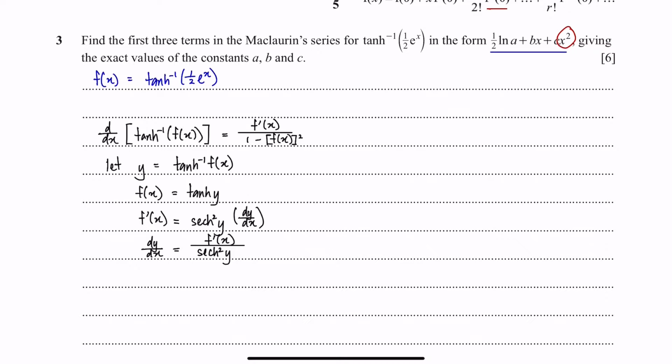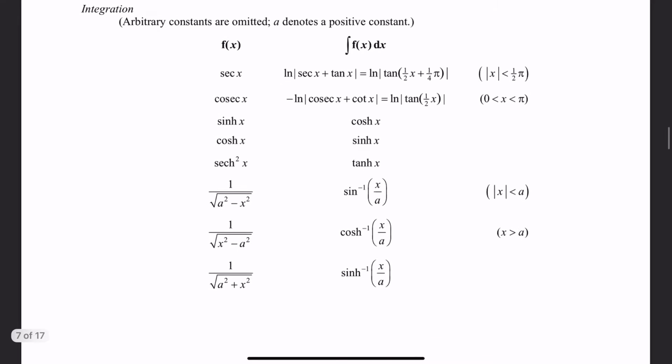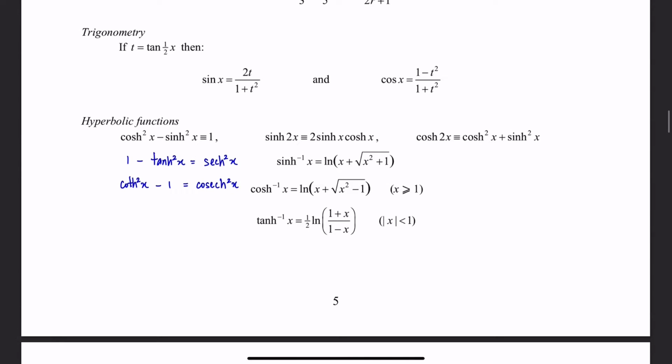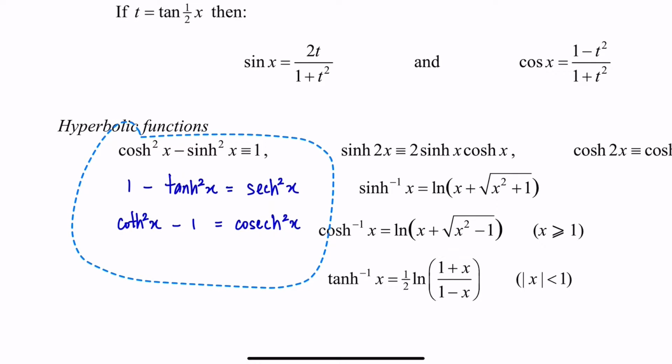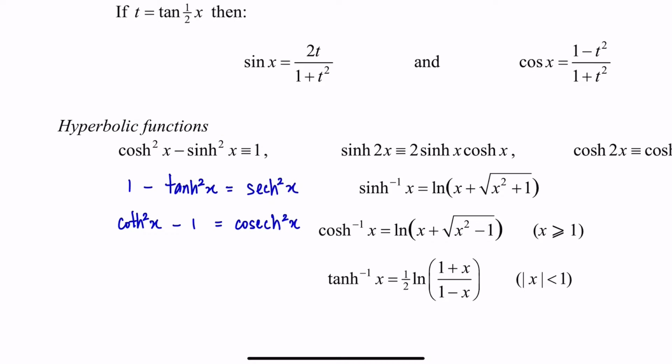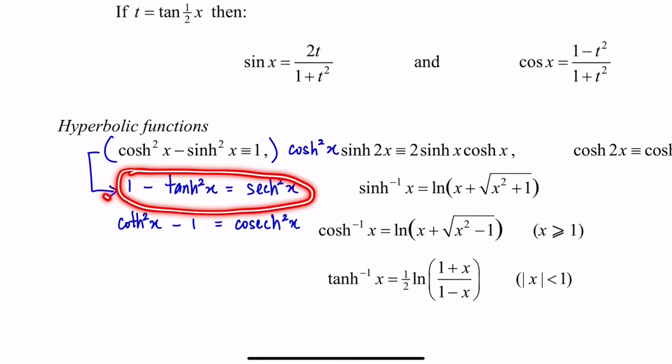And now sec square y is, look at this. We have cos square plus sine square equals 1. And if you divide this equation by cos square x, you will get this equation, which is 1 plus tan square x equals sec square x. And now we know that sec square x is 1 plus tan square x.